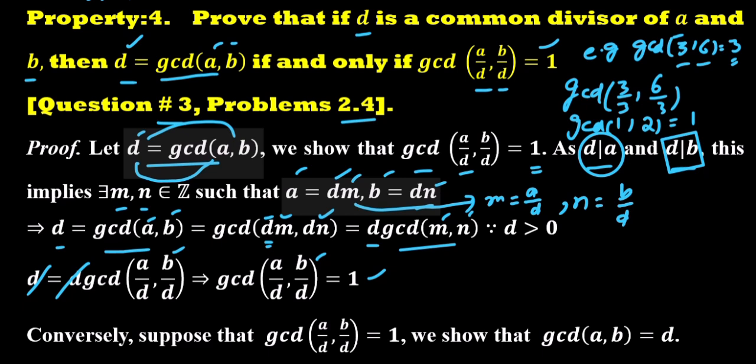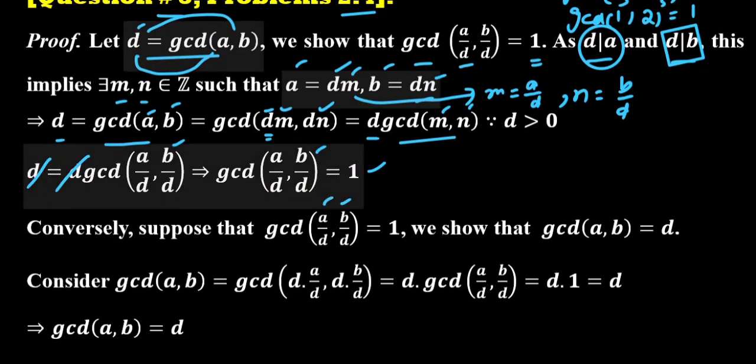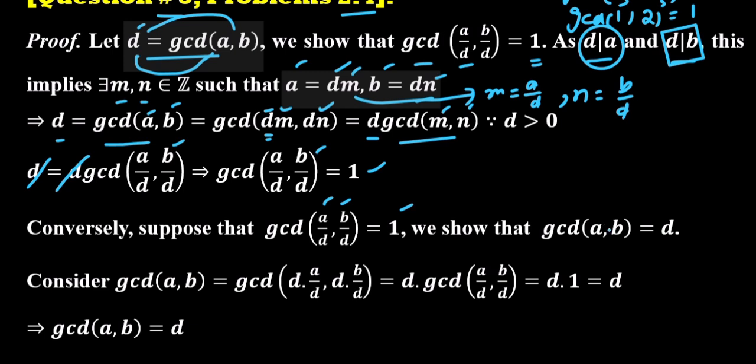Conversely, we suppose that GCD of A over D and B over D is equal to 1 and we show that the GCD of A, B is equal to D. Consider this number GCD of A, B. We multiply and divide both of the numbers A and B with D, like D into A over D, D into B over D. As D is a positive integer, by using property number 3, we can take D common from here.